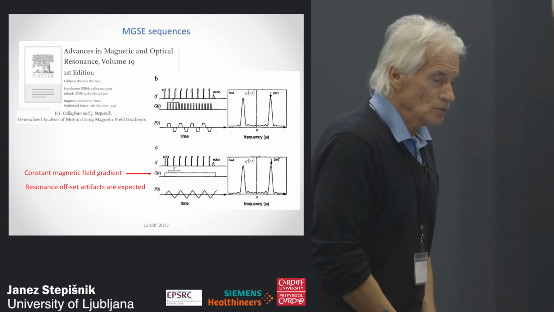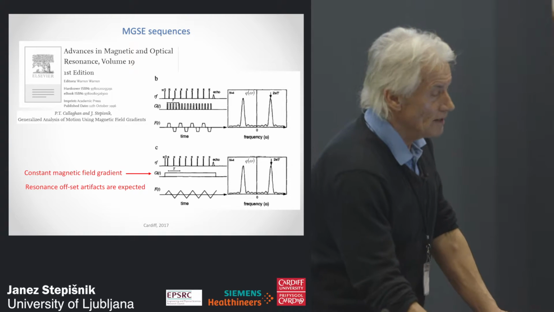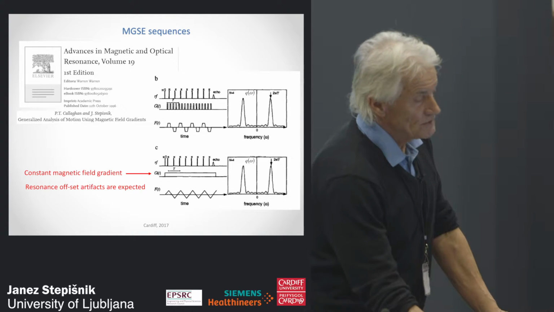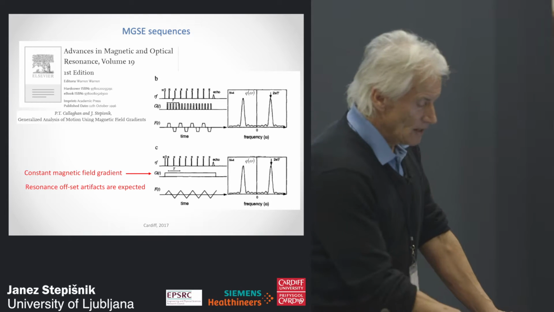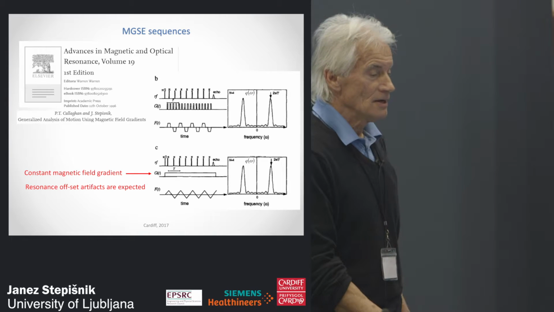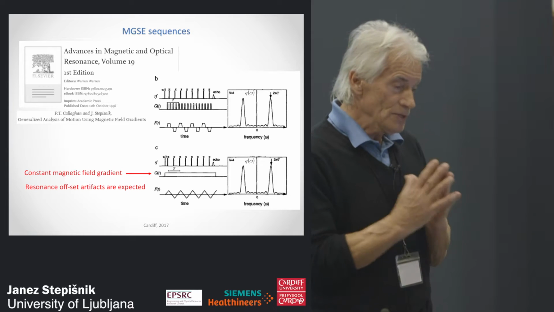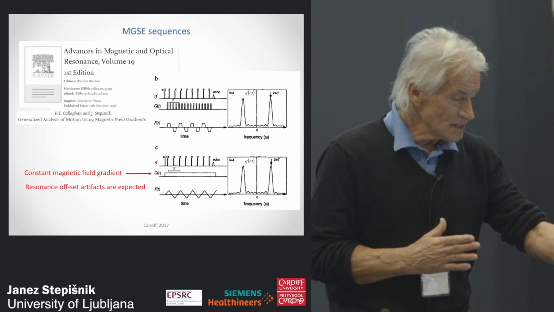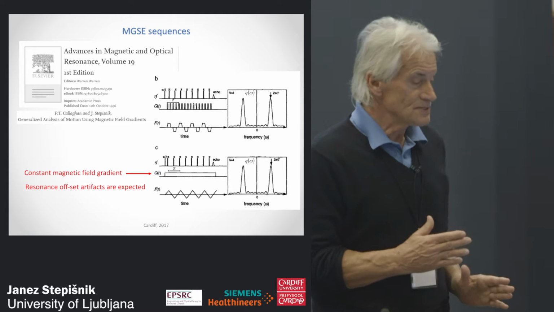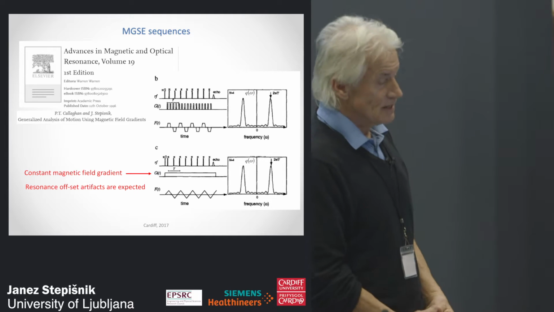If you look at the review paper I already mentioned, which we published with Paul Callaghan, this is the method which we first experimented with, where we also proposed techniques where you are not switching the gradient. The gradient is constant. But at the time we were afraid of what happens when you apply simultaneously a constant gradient and RF pulses. We expected that some resonance artifacts could appear.